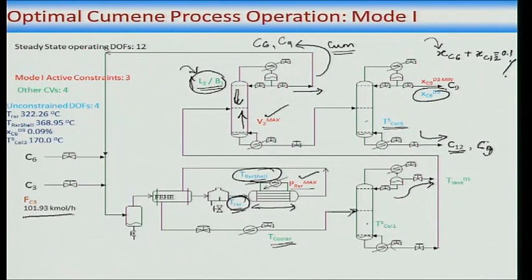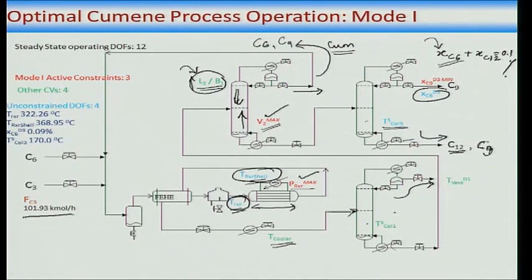Now, why is this economically important? It is economically important because V2 max is active for selectivity. If I try to increase throughput, this one also goes active.